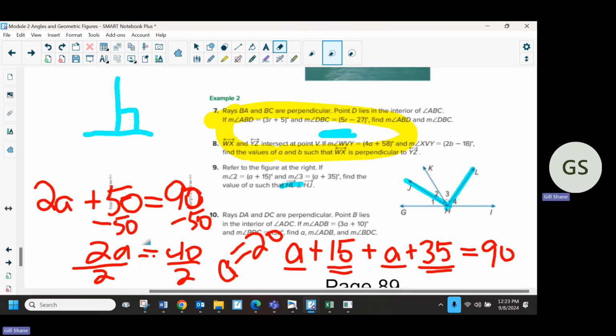Now, in this case, we do not have to go back and solve for angle JHK or angle KHL. But I will tell you right now, a lot of you missed points on the quiz. I just finished grading the angles quiz because you did not read the question after you solved for the variable. I believe, well, the first two questions, not all of the questions.